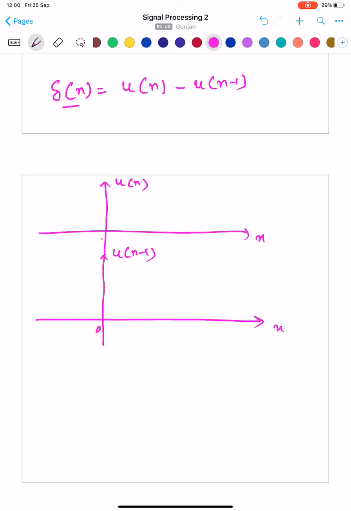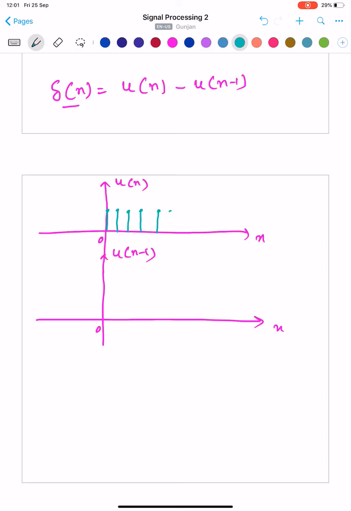The point 0 is the same for them. So u of n means that you start your signal from 0, means n greater than or equal to 0. These bits are the same. So this is 0, this is 1, this is 2, 3, 4, 5 and so on. u of n minus 1 means that n is greater than or equal to 1.